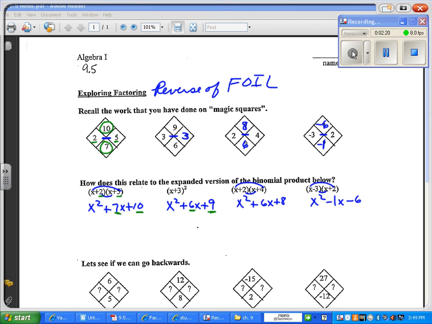Again, the 2 and the 4 are the side numbers. They multiply to give you the 8, and they add up to give you the 6. These two are the side numbers, and they multiply to give you a negative 6, and they add up to give you a negative 1. So they're going to multiply to give you this last number, and they're going to add up to give you the middle number. Okay, let's work backwards now on your magic squares.